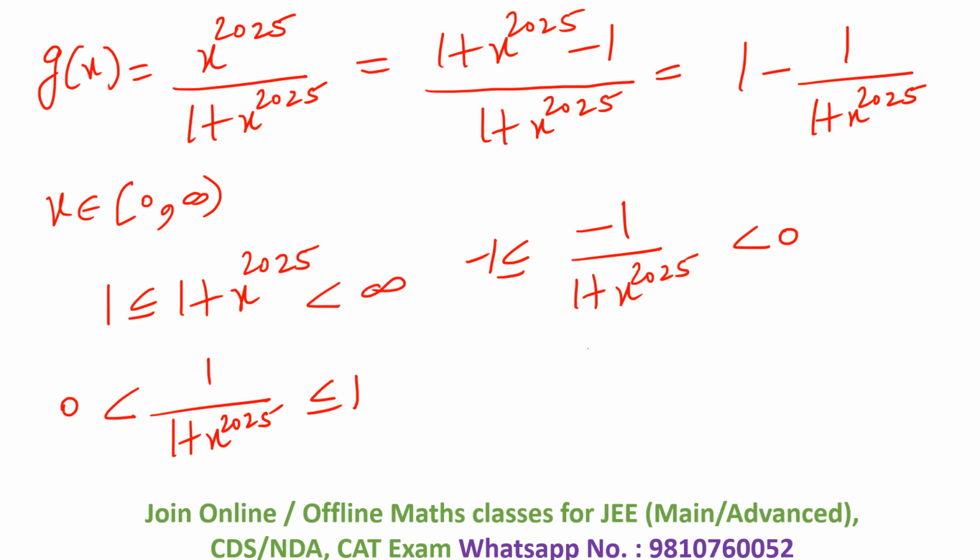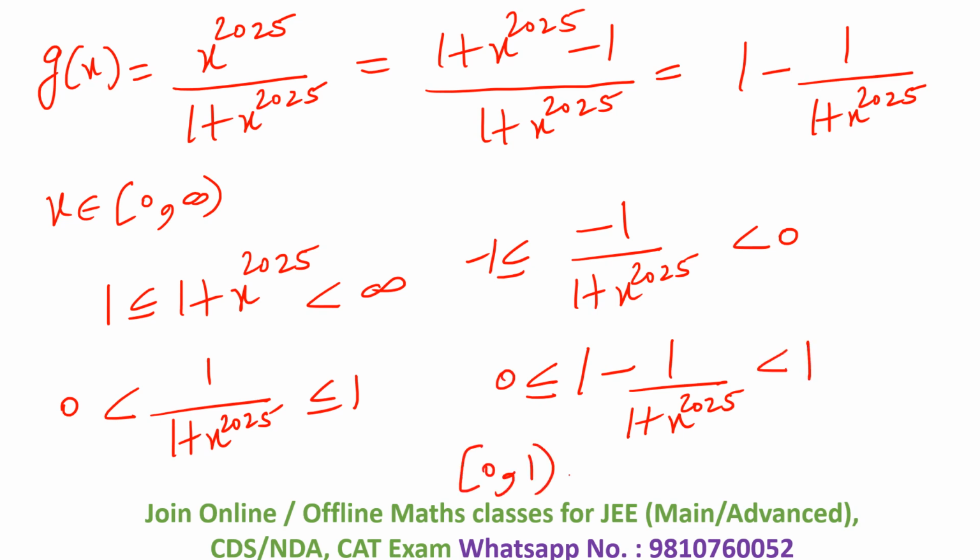Right? Now just add 1 throughout this inequality to get the range of the function gx, and this value comes as closed 0 to open 1. So students, this interval becomes the range of gx. Right? Now since the function gx is also onto, so I can say the set B will be nothing but closed 0 to 1 open.